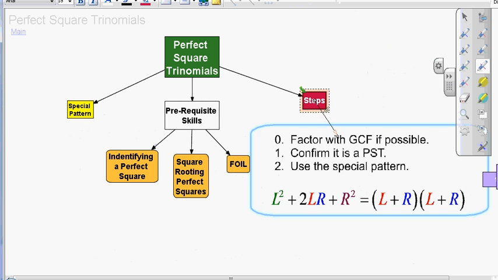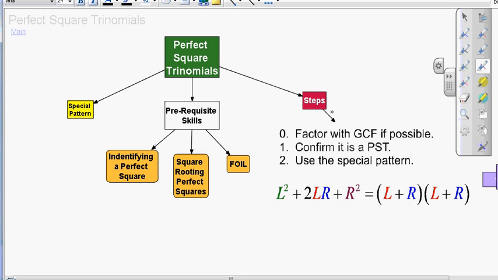Okay, so again, the steps are factor with GCF if possible. Confirm it is a perfect square trinomial by identifying that the first and last terms are perfect squares, and that the middle term is 2 times the product of the square roots of those perfect squares.